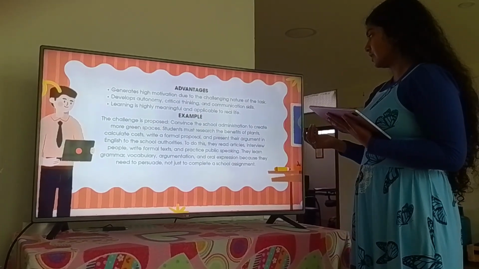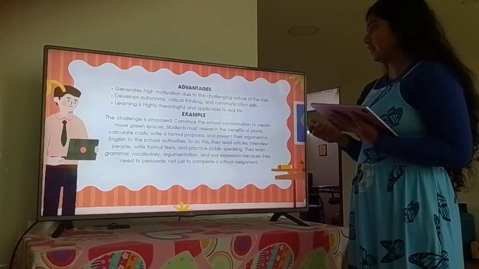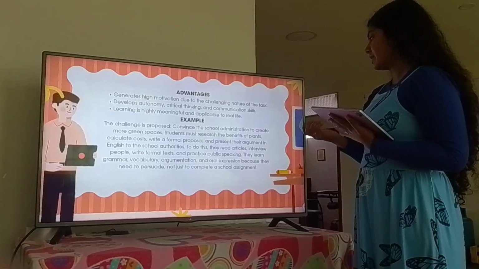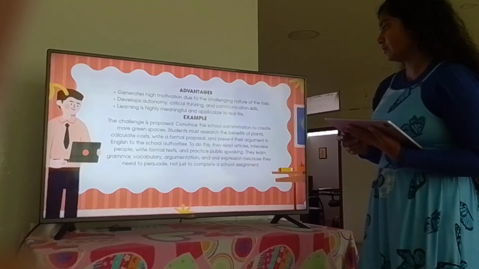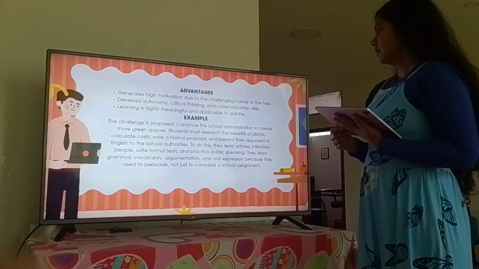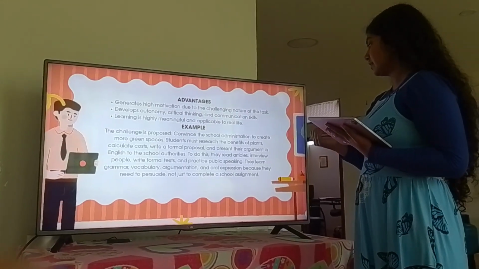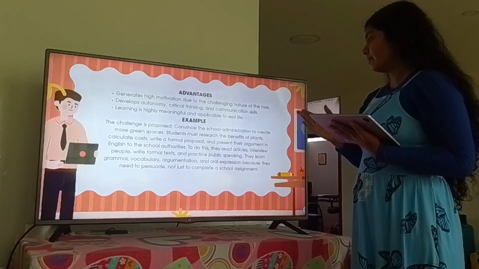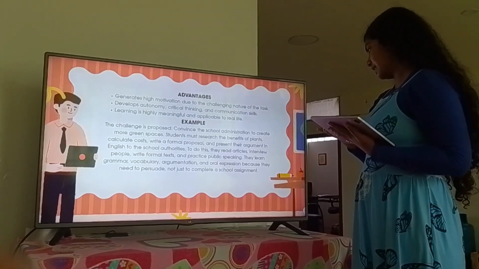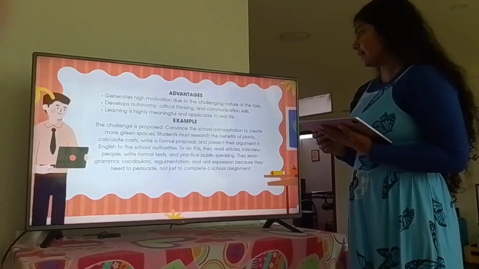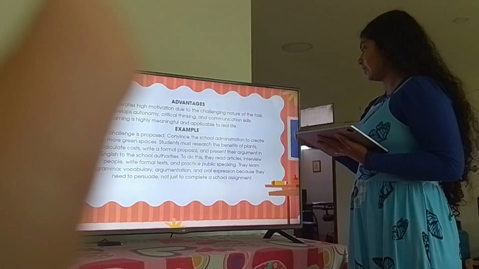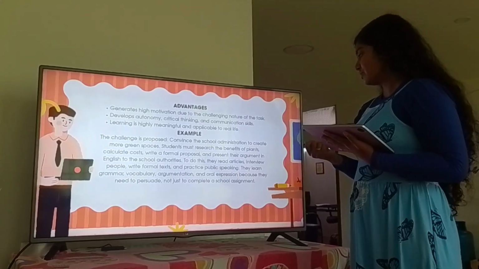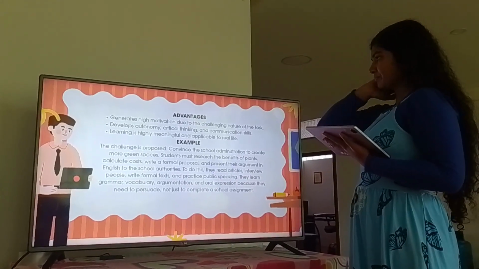Students must research the benefits of plants, calculate costs, write a formal proposal, and present their arguments in English to the school authorities. To do this, they read articles, conduct interviews, write formal texts, and practice public speaking. They learn grammar, vocabulary, argumentation, and oral expression because they have a real purpose, not just to complete a school assignment.